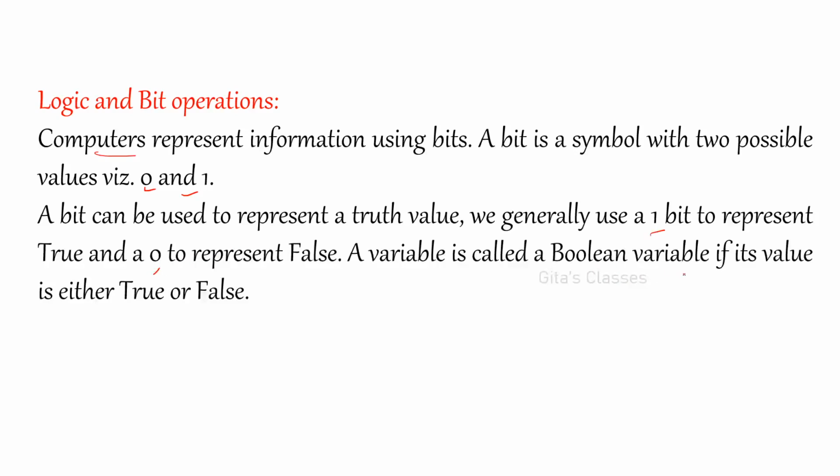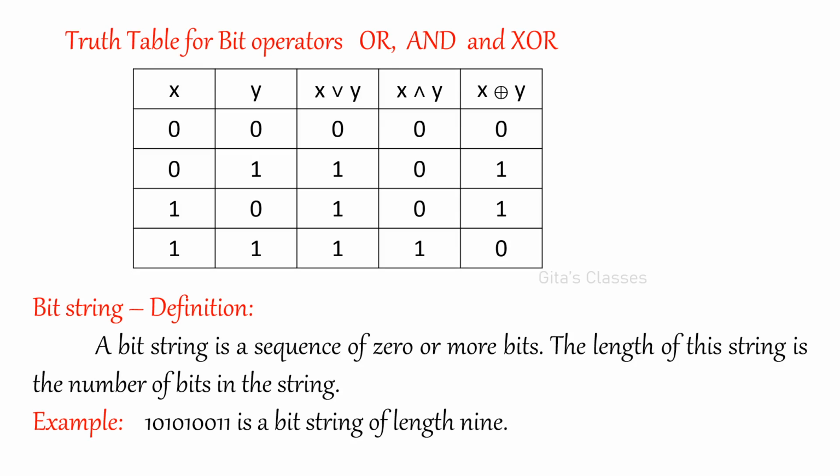And a variable is called a Boolean variable if its value is either true or false. And as we have done in F T form, here for F we are representing it as 0, and for T as 1. We are writing zeros and ones because these are representing numbers.